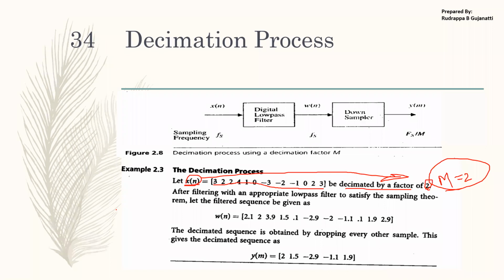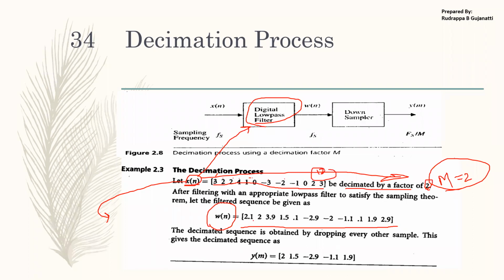Now, we'll just assume that we pass x of n through the digital low pass filter, and I'll be getting the filtered sequence which is represented here. If I check how many samples are there, there are 12 samples here.